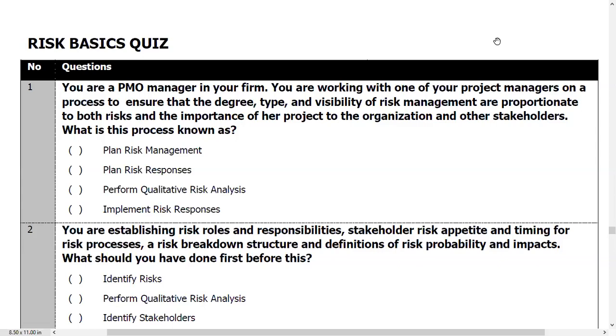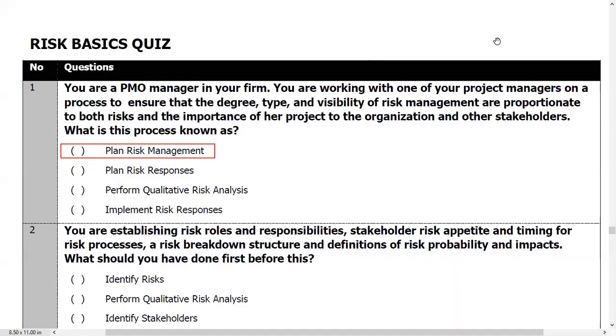Let's go on to our next question. So question 2. You are establishing risk roles and responsibilities, stakeholder risk appetite, and timing for risk processes, a risk breakdown structure, and definitions of risk probability and impacts.